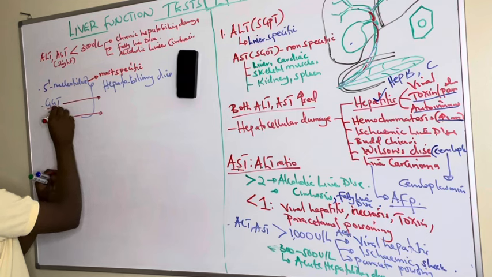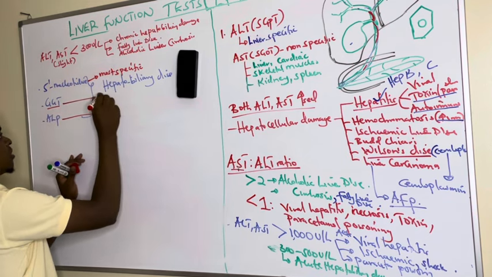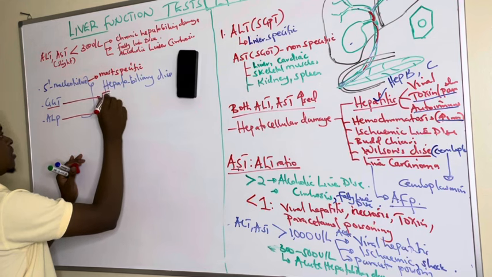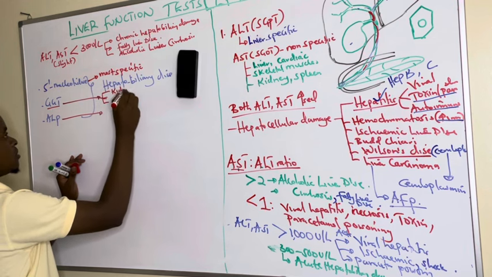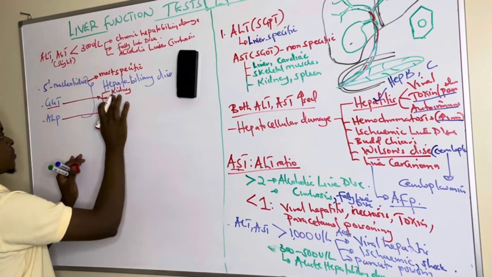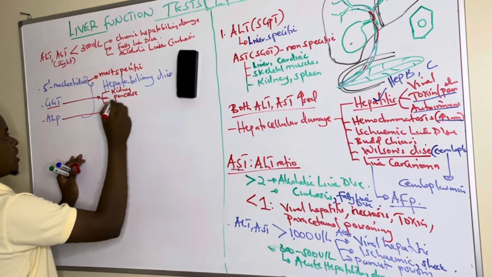Why are we saying GGT is not more specific? For it can even be produced in other organs. We find it in the kidney. We can find it in the intestine, in the pancreas. It can be produced from the prostate or seminal vesicle.